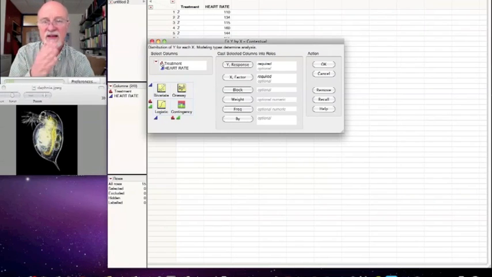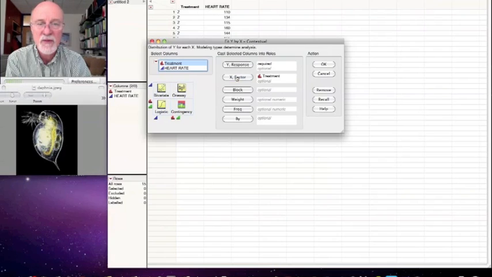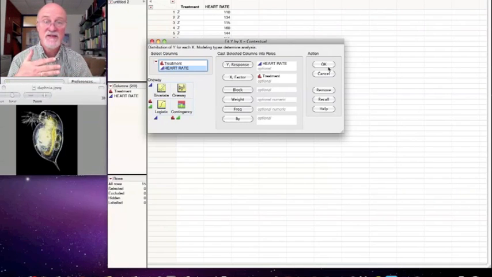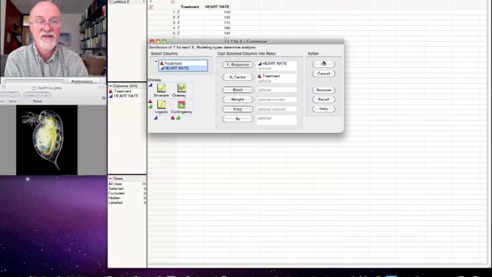We have 3 classes of treatments, and that's going to be our X. So we're going to cast it into the role of X variable or independent variable. And we have heart rate, which is continuous, indicated by this triangle, and we're going to put that into the role of a Y variable. So what we're asking is, is the response affected by the factor treatment?